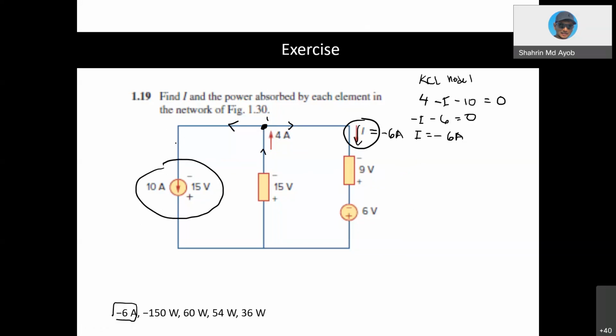As you can see here, the current is in this direction and is entering the negative terminal. So P is equal to negative, the voltage is 15 and the current is 10. This is why we have negative 150 watt.